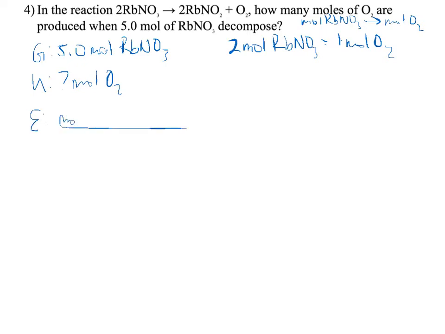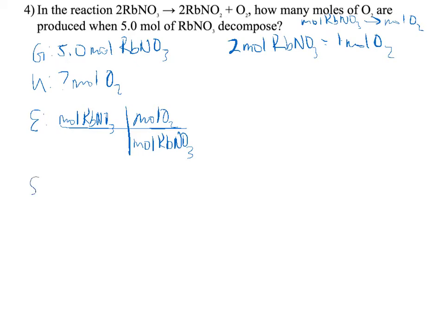We started with moles of rubidium nitrate, RbNO3, and we are trying to go to moles of oxygen, which means that we need moles of rubidium nitrate on bottom to cancel our units out. So moles of rubidium, that gets us into moles of oxygen.